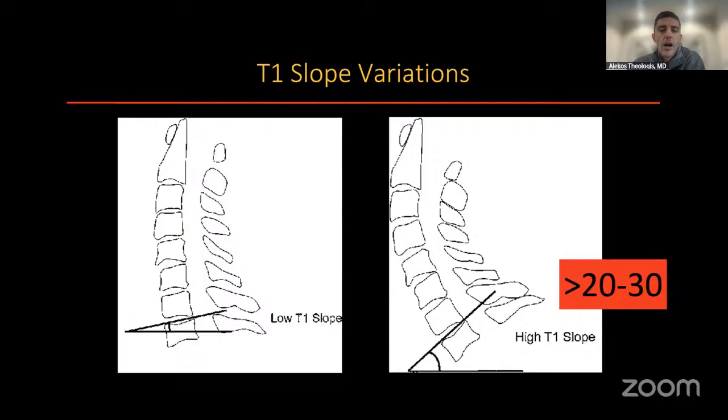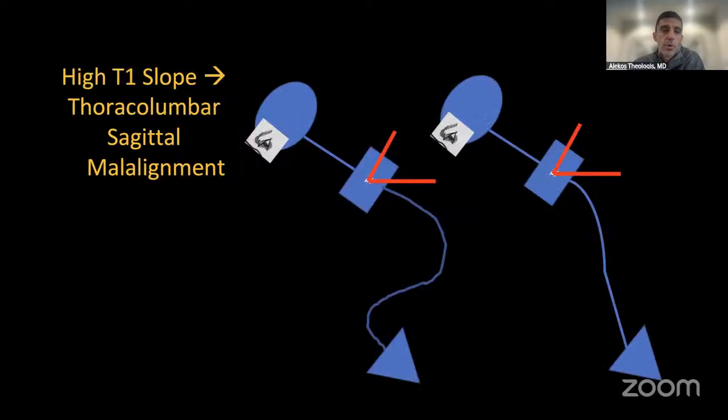And a high T1 slope, the reason why it's important is because it's really the lighthouse or gateway to what may be happening below the cervical spine in the thoracic and lumbar spine. So a high T1 slope, in these little cartoons, can be driven by hyperkyphosis of the thoracic spine, or by hypolordosis, so flat back, of the lumbar spine, or a combination of the two.